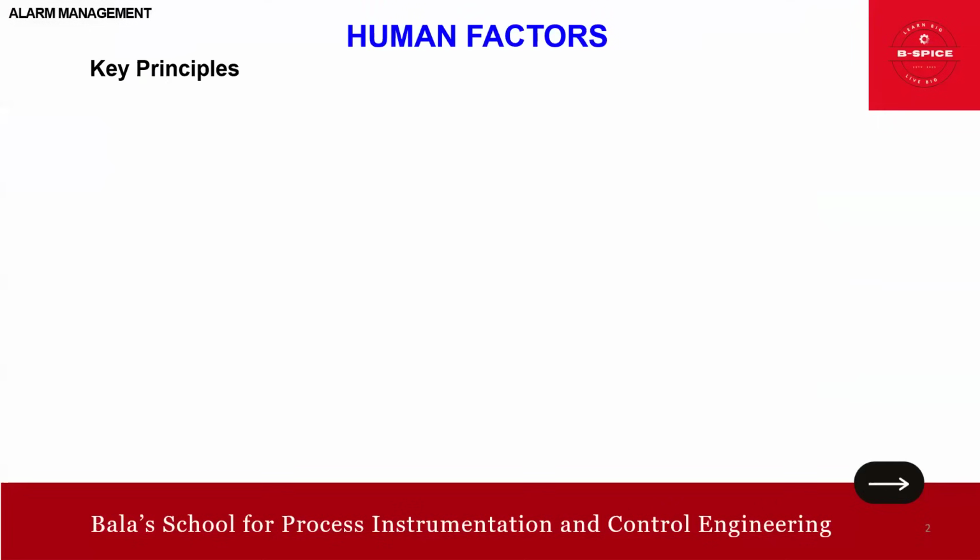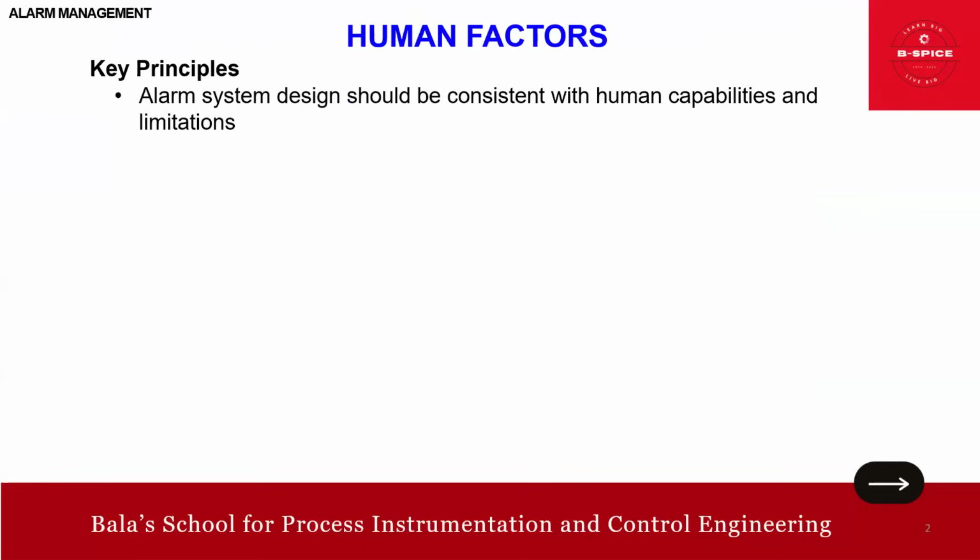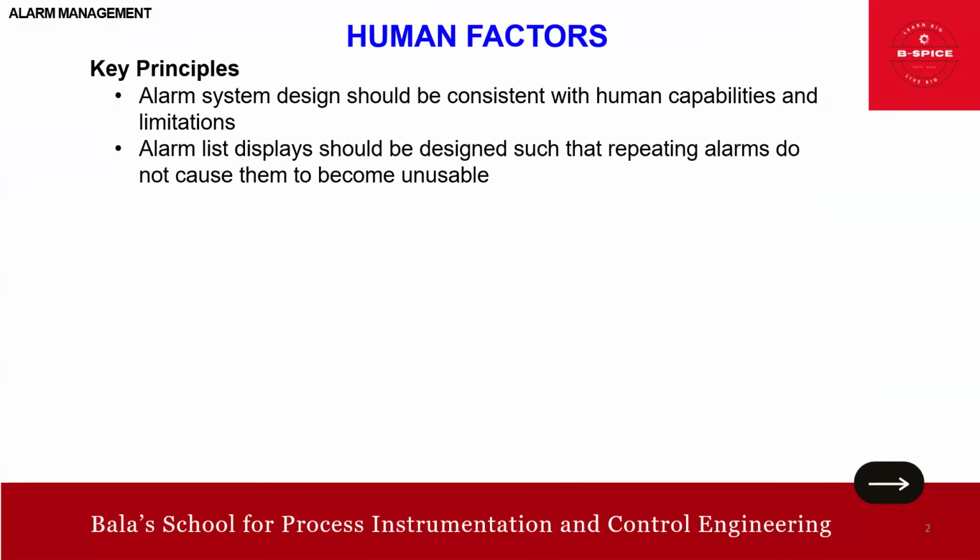Before going into the human factors, I wanted to inform you about some principles. Alarm system design should be consistent with human capabilities and limitations. Alarm list display should be designed such that repeating alarms do not cause them to become unusable.